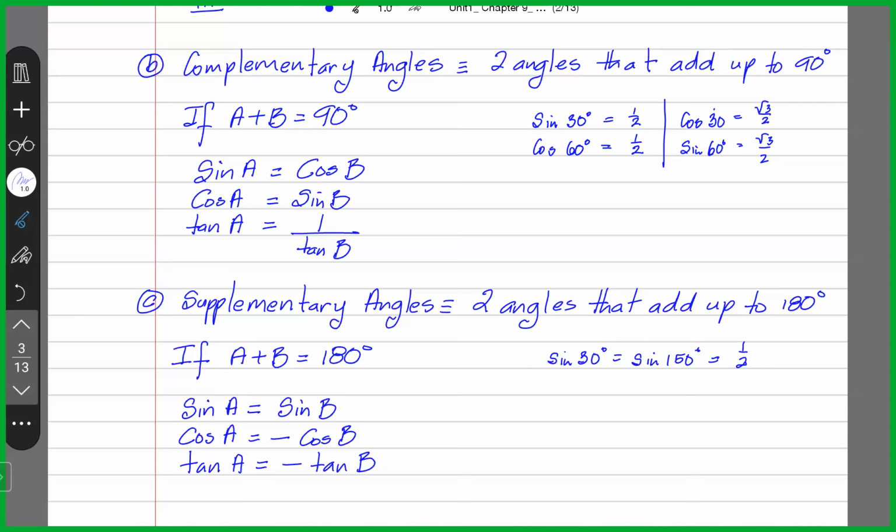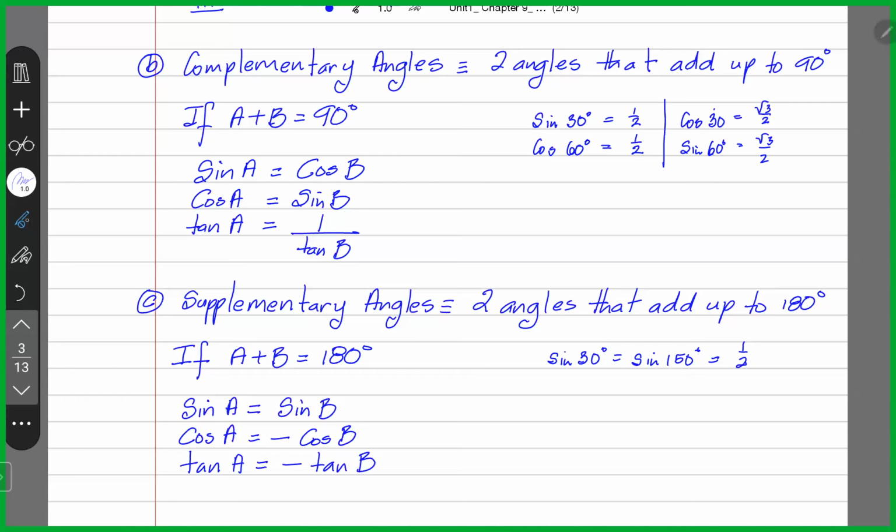If A plus B is equal to 180, the sine of A is equal to the sine of B, and the cosine of A is equal to minus the cosine of B. The tangent of A is equal to minus the tangent of B. This will be very easy for you to produce or reproduce once we understand the issue of CAST and reference angle fully.